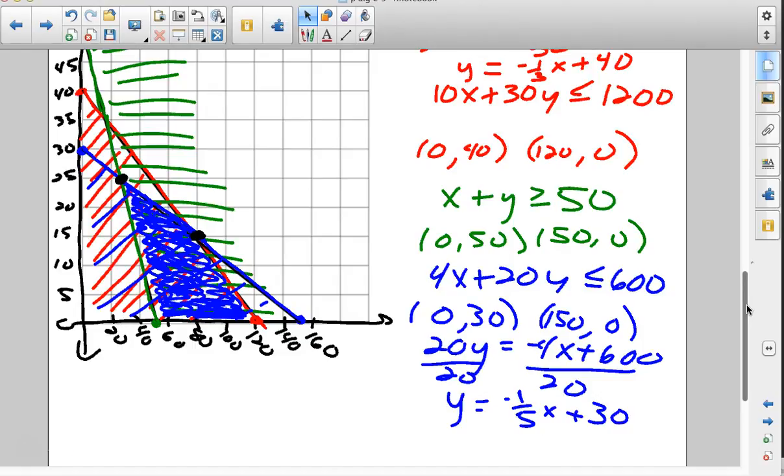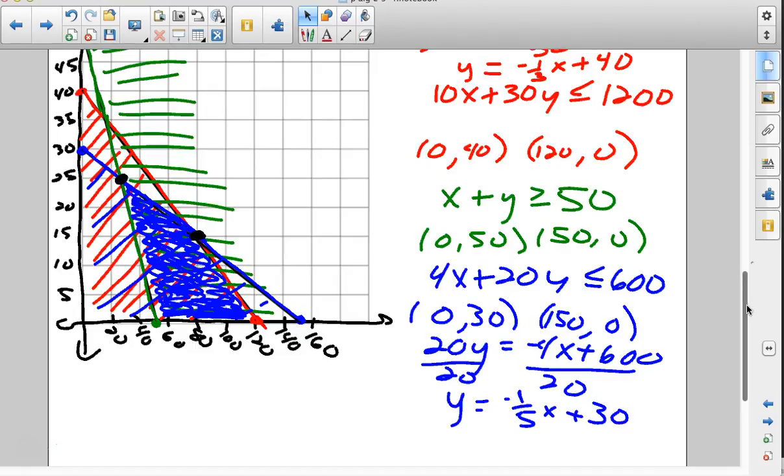I have to change my window because remember, I had my x's from 0 to 160, and my y's from 0 to 50. Second trace, number 5, enter 3 times.